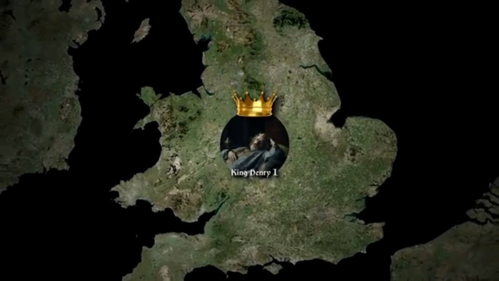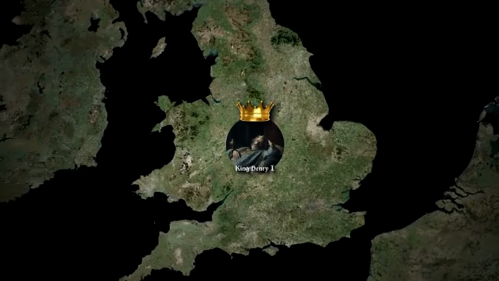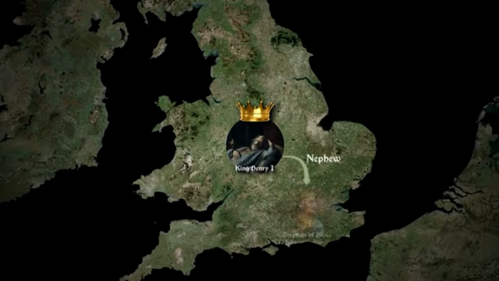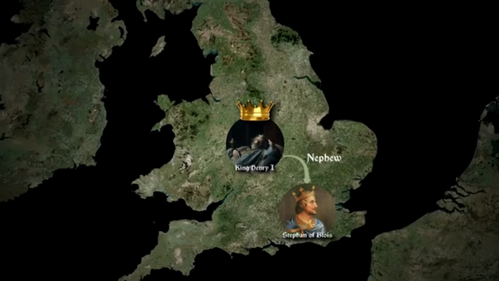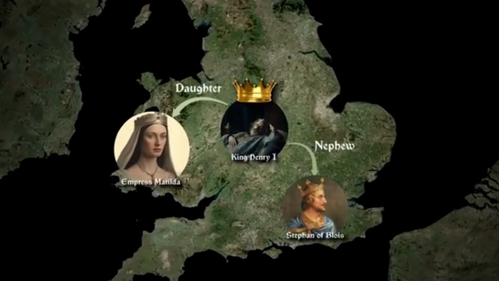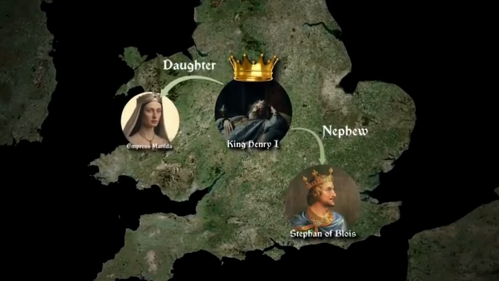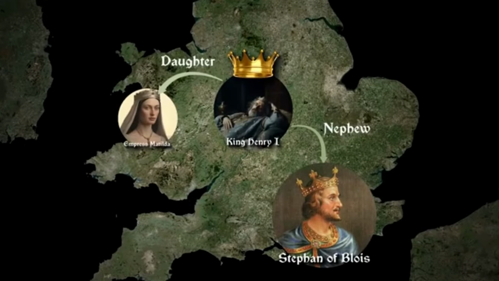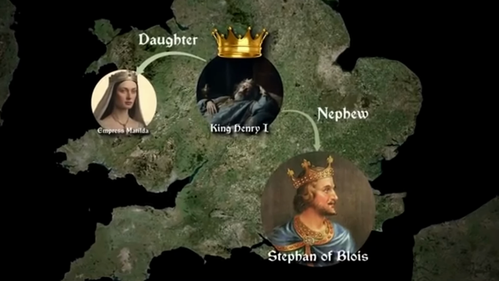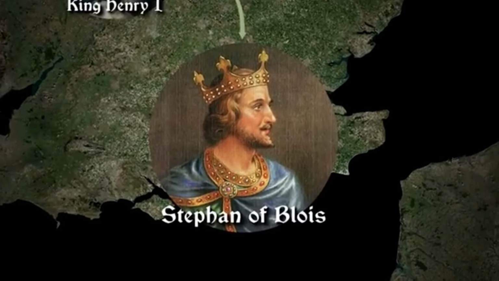Immediately, however, the barons of England abandoned the dead king's wishes in favor of a different claimant, Henry's nephew, Stephen of Blois. You see, the English nobility weren't keen on the idea of a woman ruling the country. English society believed a woman simply couldn't rule as effectively as a man. Patriarchal biases aside, Stephen of Blois was a well-known and well-liked figure within the Anglo-Saxon upper class.